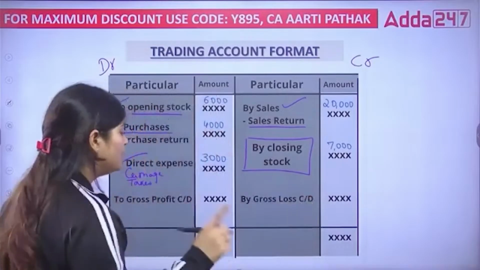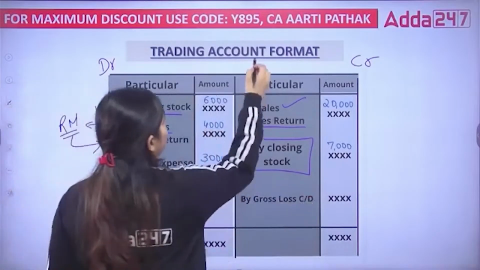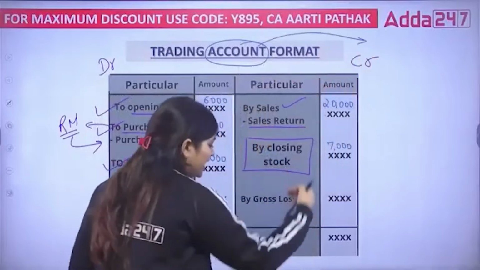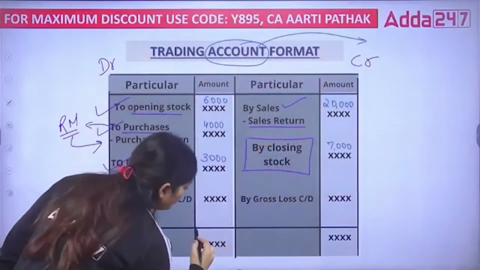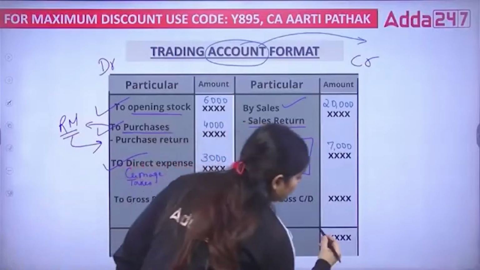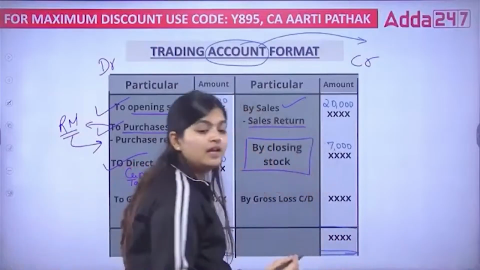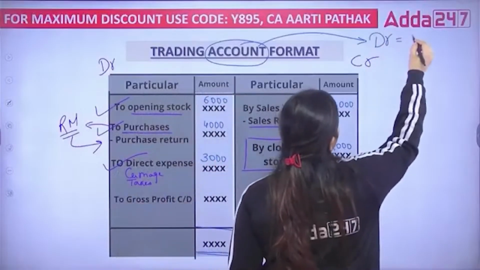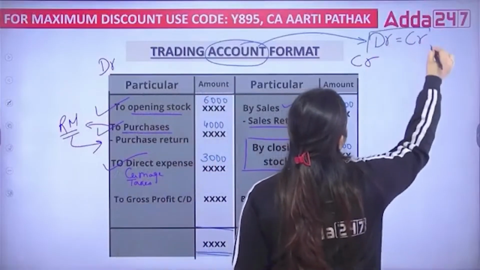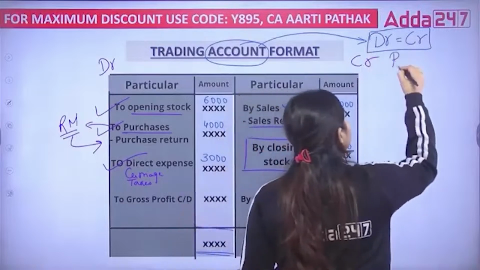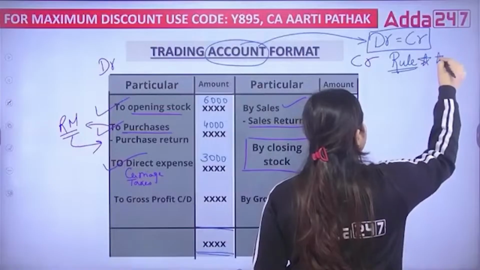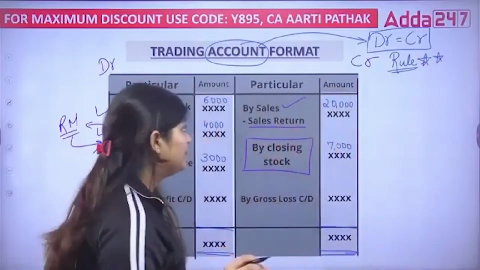Correct? Now always remember one thing: whenever you are preparing any type of account, at the end, your debit needs to be equal to your credit. This is the rule you need to always follow, and you must follow it compulsorily.